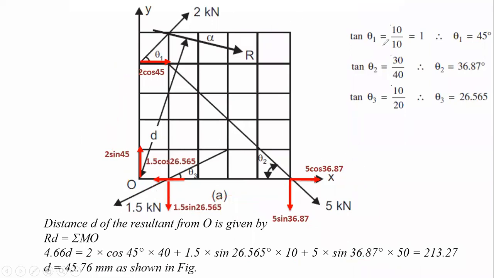Now if you see here, to locate these, your resultant R is 4.66 and your perpendicular distance D is 45.6 millimeter.